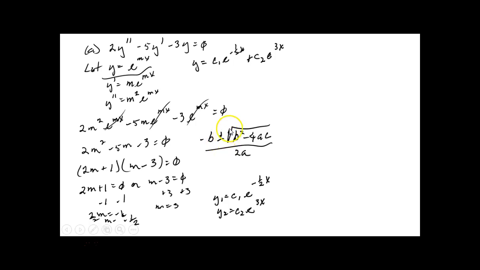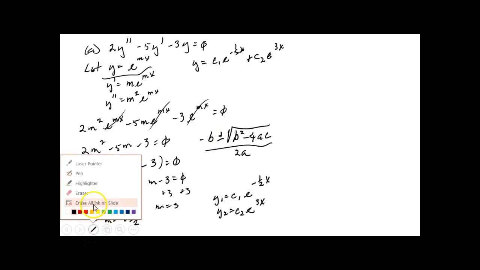Okay. I think I'll erase them all if that's okay. Is that all right? Okay. So here's the second one. y double prime minus 10y prime plus 25y is equal to 0.